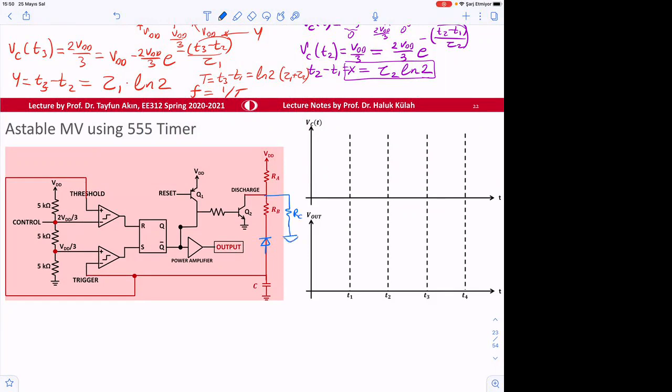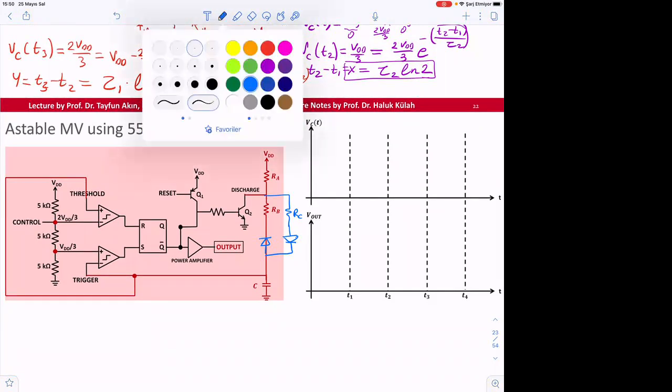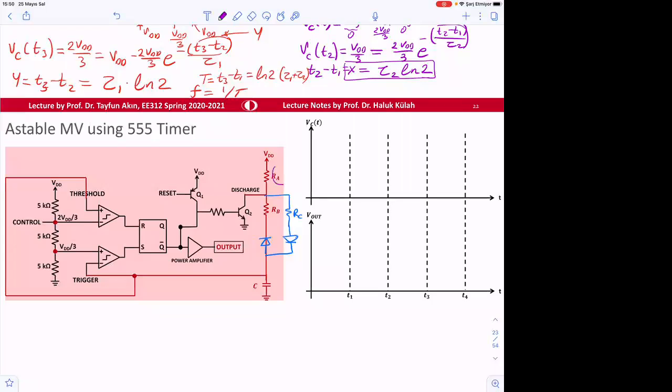What I mentioned in the previous one could be applied here. We can say that this is the charging path, and this is the other charging path.